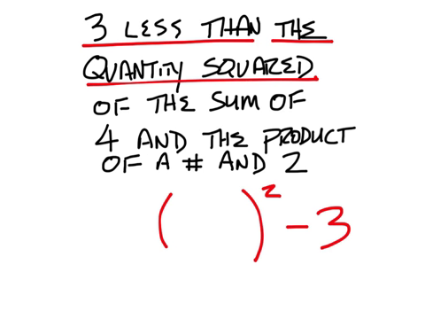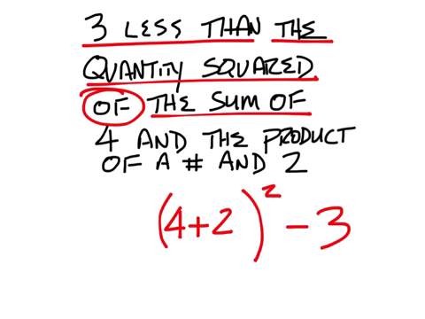Now inside the parentheses, the sum of 4 and the product of a number and 2. 2x. If you put 2x plus 4 in the parentheses, that would still be right. 4 plus 2x and 2x plus 4, either way would be good. Any questions about that problem?